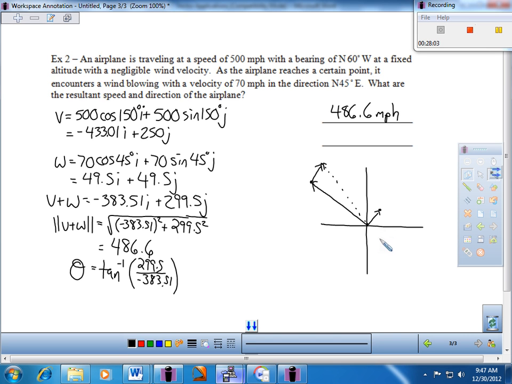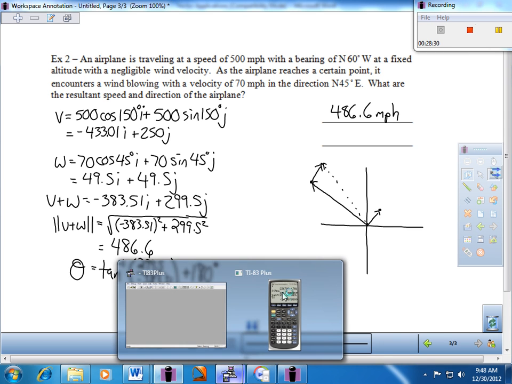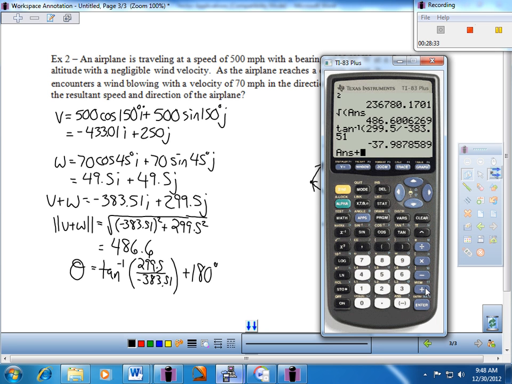What happened? Hey, guys, what do I have to remember when the horizontal part is negative? I'm in the wrong spot, and so I have to add 180. So remember, inverse tangent can't give us that second quadrant angle. So as a result, we have to add the 180. There we go. There's the 142.